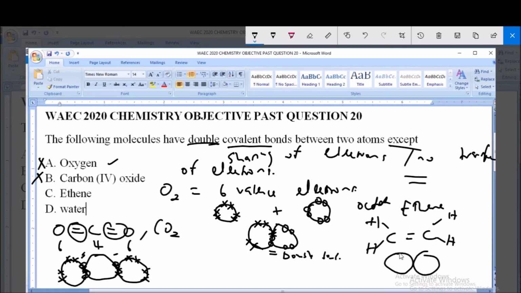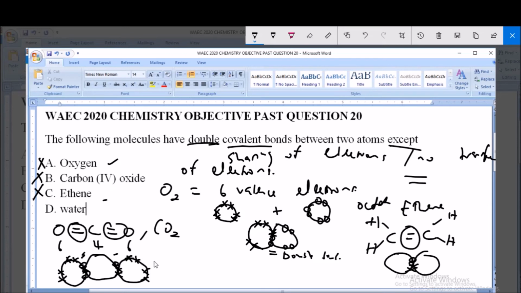This one shares 2 of its valence electrons with this one, so you have the double bond. Then the remaining 2 undergo other forms of combination with the hydrogen atoms surrounding it. And so, like we have rightly said, it has a double bond as we have seen here, and hence is not the answer to this question.